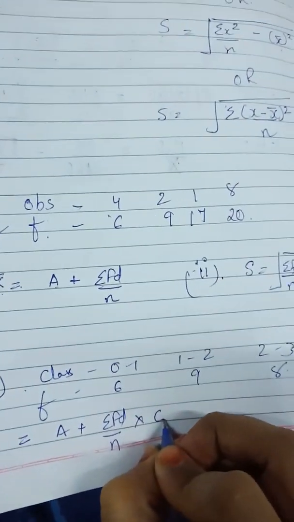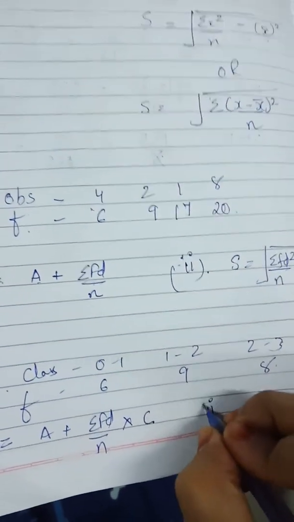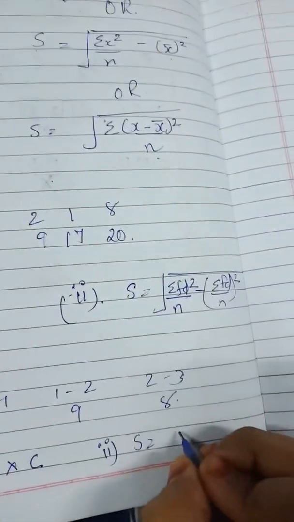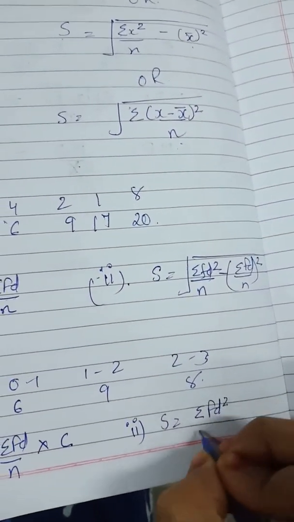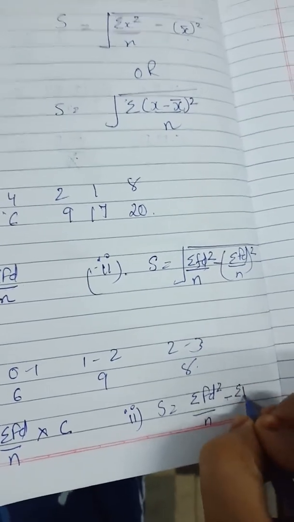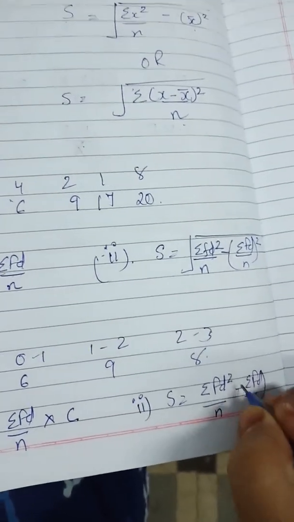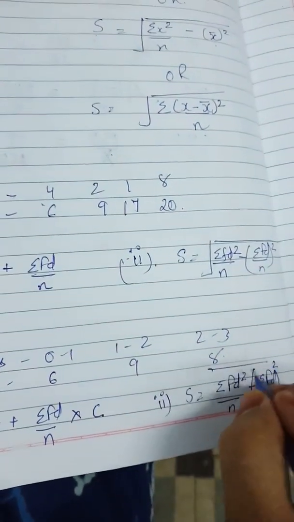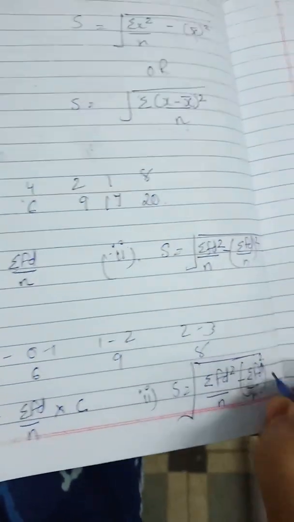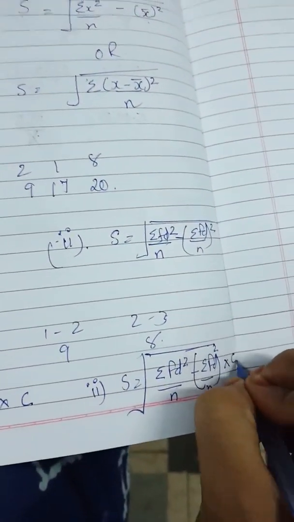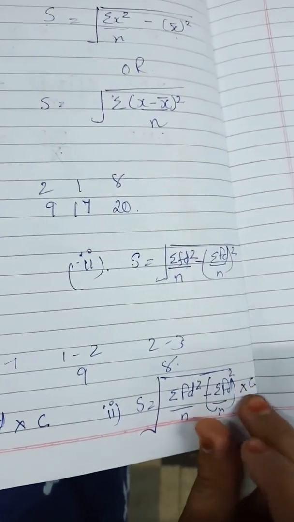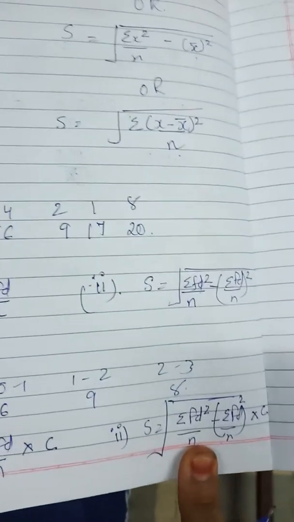Here c will come. In the same way, standard deviation s equals root of sigma fd square upon n minus sigma fd upon n the whole square. This all will come in the root. Outside you will be taking into c. This class length will not come inside the square root.